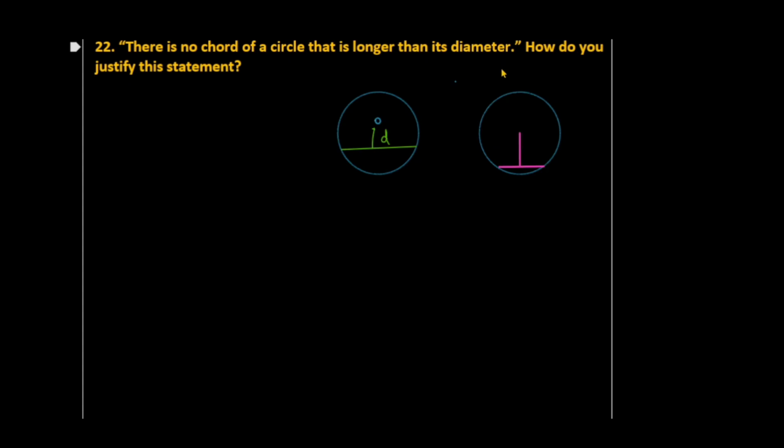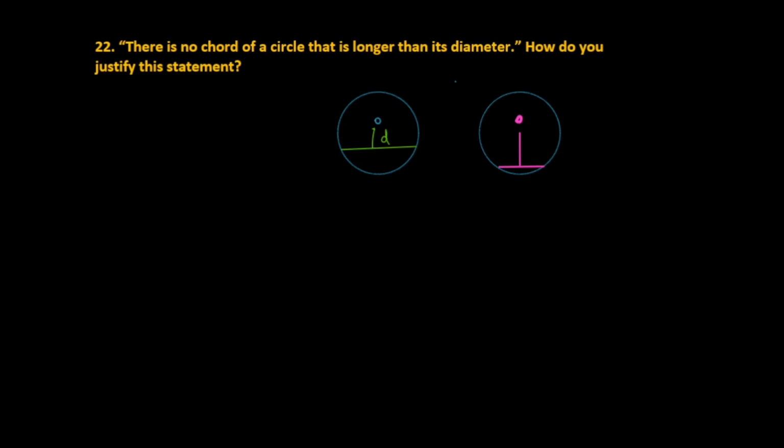Say this is O. Here chord AB and chord CD. The perpendicular distance from O to AB is D. The perpendicular distance from O to CD is, say, E. Now, how about the length? The length of chord AB is greater than CD, but the distance from the center D is less than E.